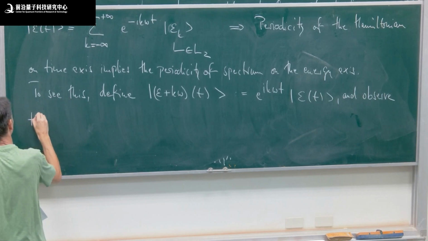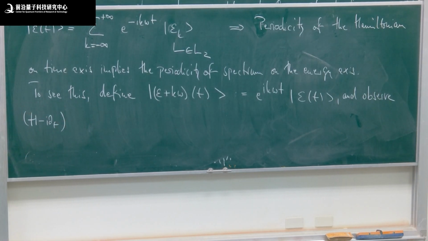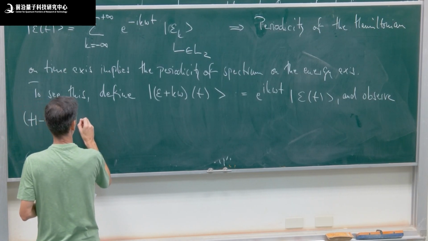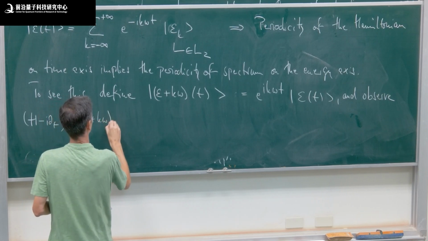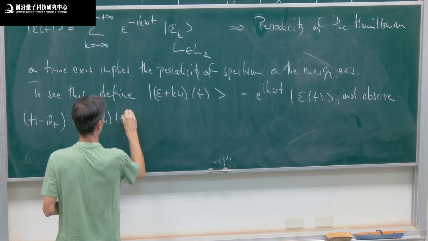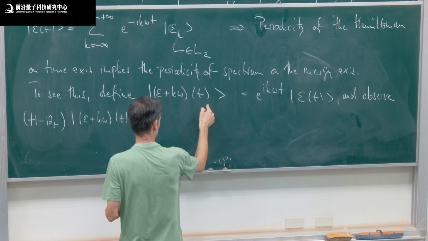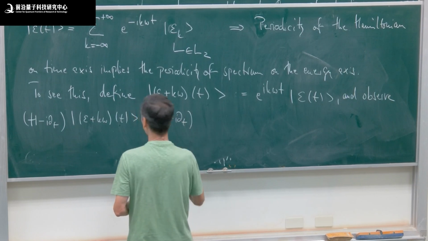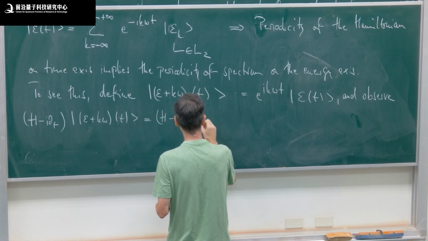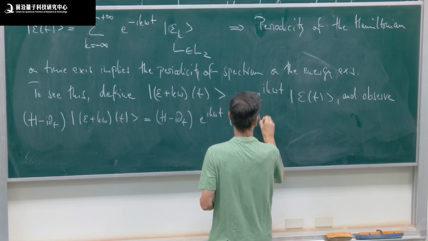Now, i H minus i d_t, this is the left-hand side of this, applied now on this one, equals by this definition H minus i d_t, e to the i k omega t epsilon of t.